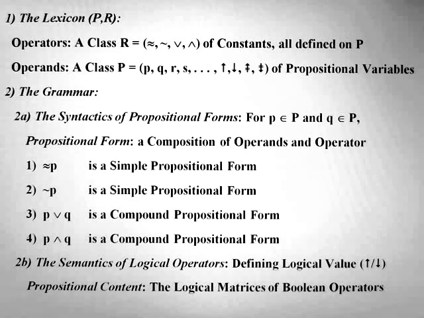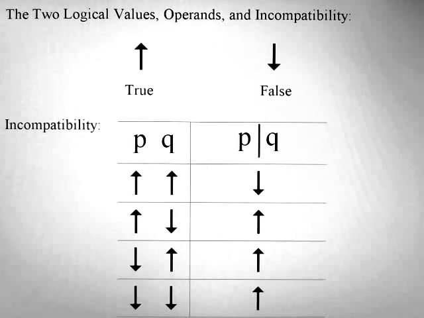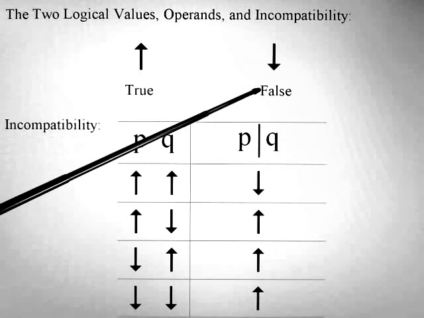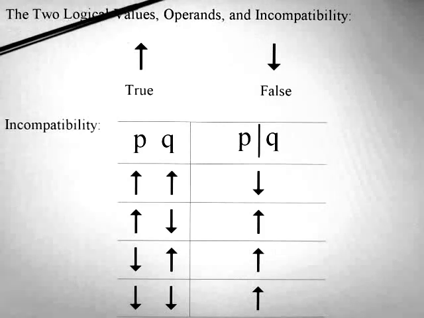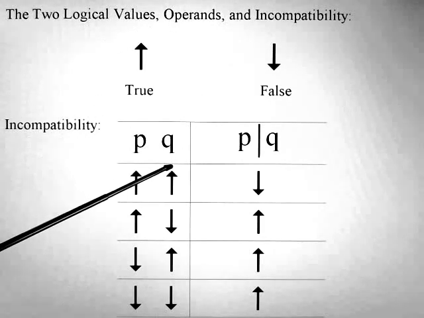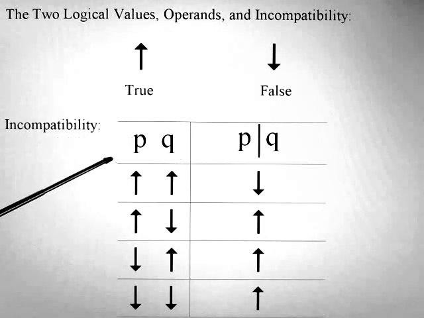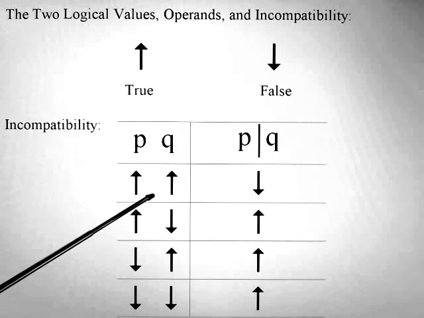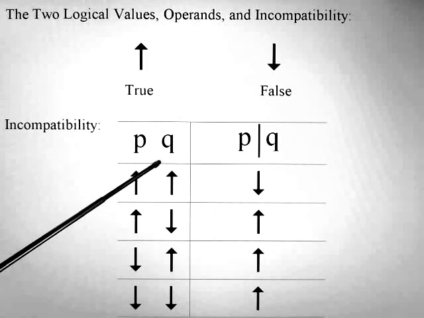Turning then to those ideas, we introduce again the 2 logical values, the up arrow standing for true, and the down arrow standing for false. We talk about specific operands. Here we have P and Q, and again, each one stands for any proposition whatsoever. This, of course, will then stand for any other proposition whatsoever.